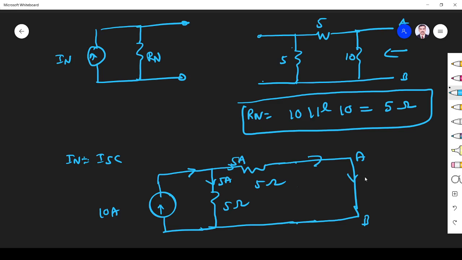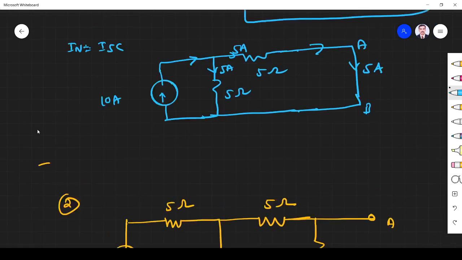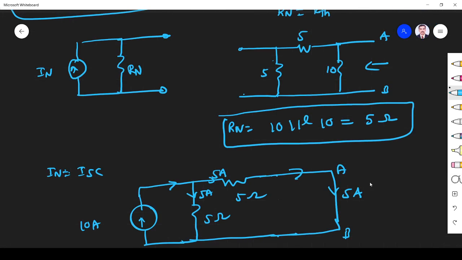The same current will flow through the shorted terminal. So I Norton is equal to 5 ampere. So the answer is I Norton is equal to 5 ampere, R Norton is equal to 5 ohm. This is our equivalent circuit.